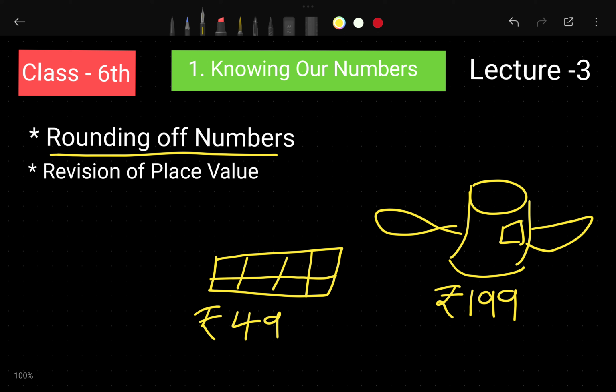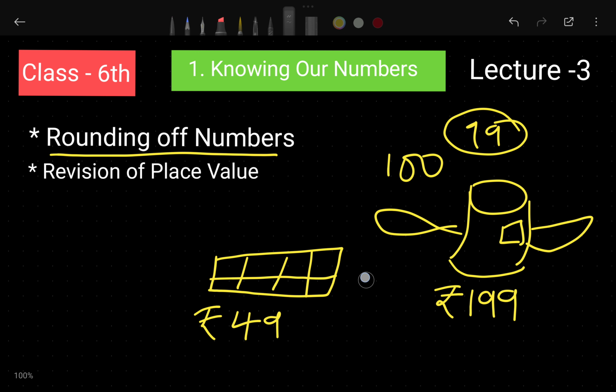Whenever we get anything for 99 rupees, we say it is 100 rupees. But our chapter's rounding of numbers is a little bit different from this regular rounding. Let me explain how it is different.